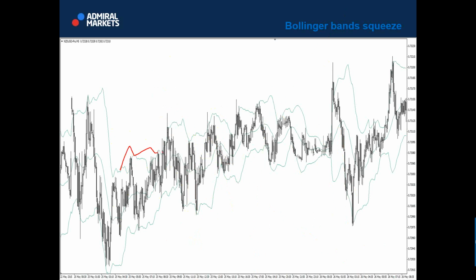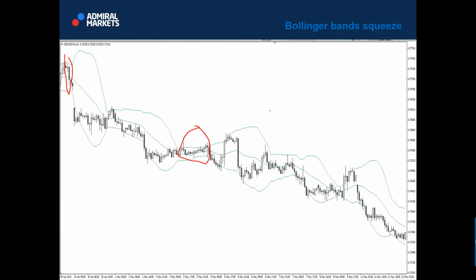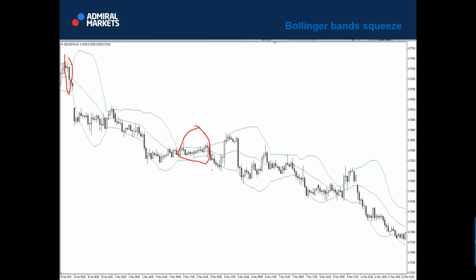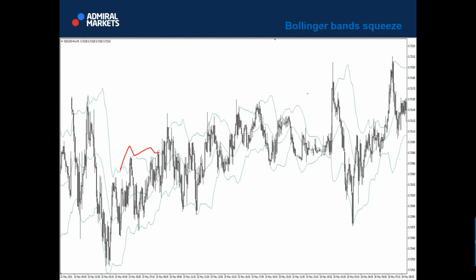Look at this. Compare these two charts. This one looks way better than this one. Okay? So this is actually a whipsaw which was followed by huge volatility in the market.